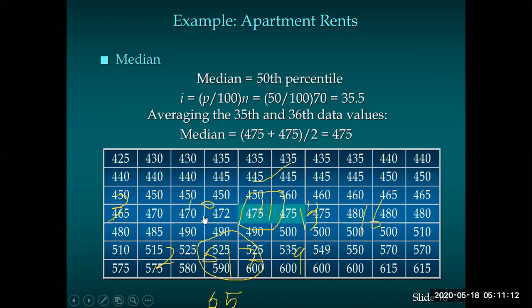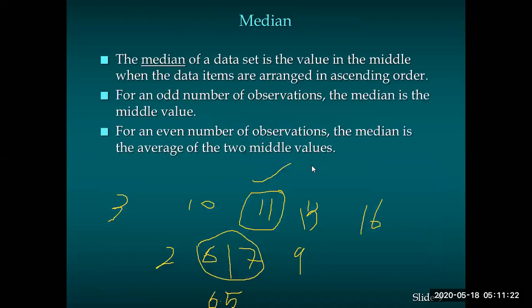Now I have 2 and 5. Now I cannot take the 11th. Can you see? If I use the same rule, let me just write it down for you. I is equal to 0.5, which was 50 by 100, multiplied by the number of observations I have.